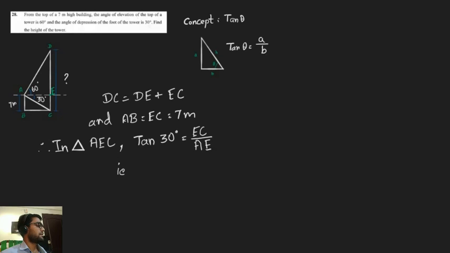That is AE equals EC upon tan 30 degrees. Now which equals, as we know, EC equals 7 meters upon, and tan 30 degrees equals 1 by under root 3, which can further be simplified as 7 root 3. That is AE.